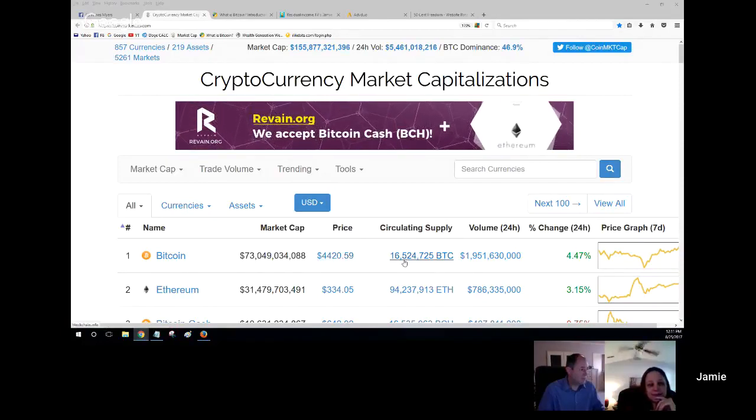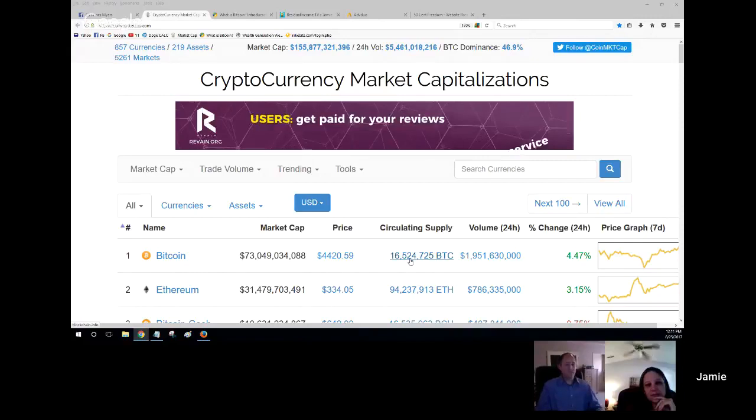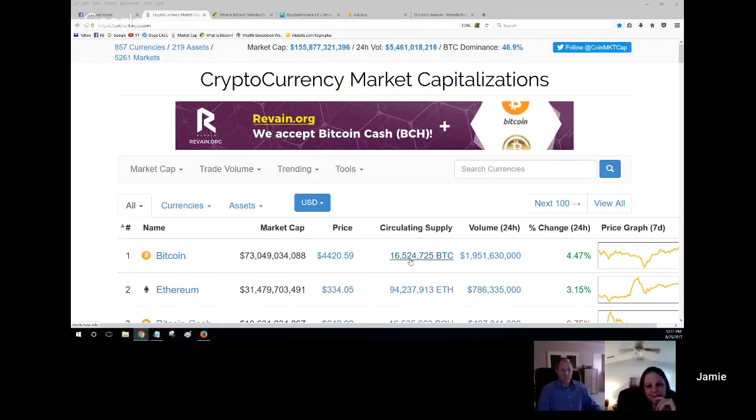If there's a limited supply, a finite supply being mined over a period of time, and increased exposure. Oh, by the way, it's in Time magazine. Bitcoin is becoming more and more mainstream.